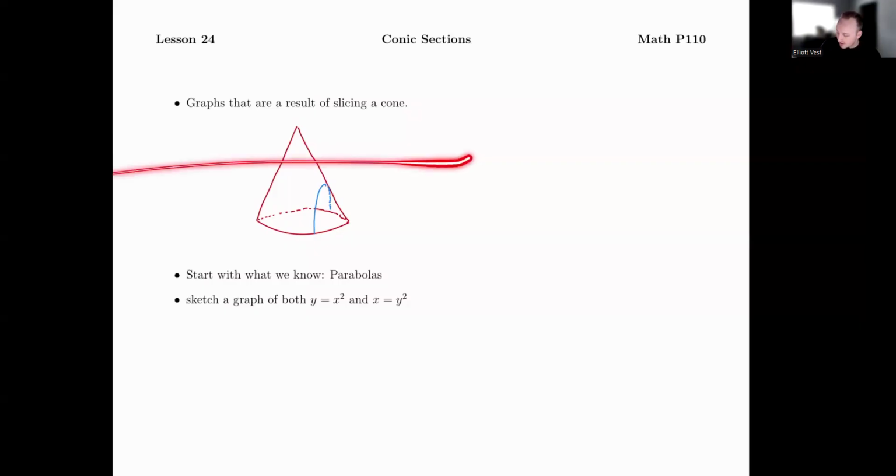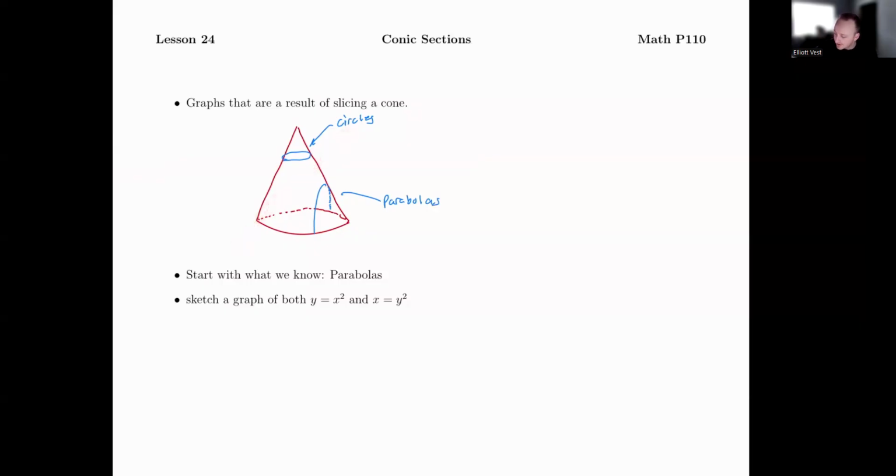Same if I sliced it horizontally here. If I sliced horizontally, I would get a hole in my cone, right? But the hole in my cone, by the way the cone is shaped, would just be an actual circle here. So there's circles, there's parabolas. And then lastly, you can slice diagonally.